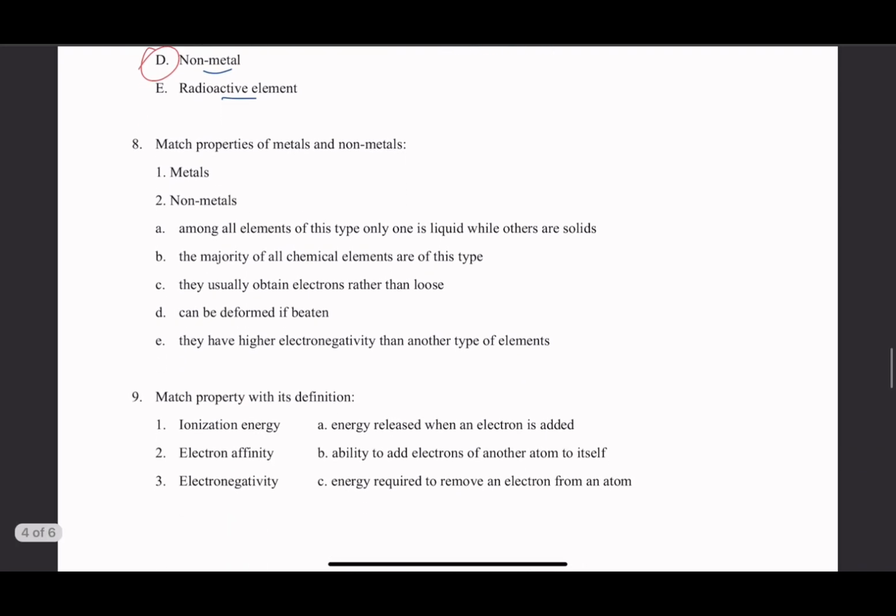Question 8: match the properties of metals and non-metals. For this question, among all elements of this type, only one is liquid. Do you remember we said mercury is the only liquid? That means it is for metals. So 1 is going to be A. Then, the majority of all chemical elements are of this type.